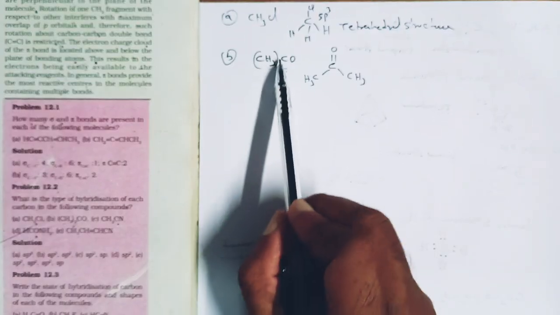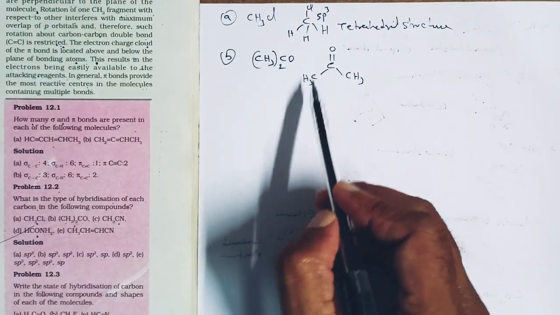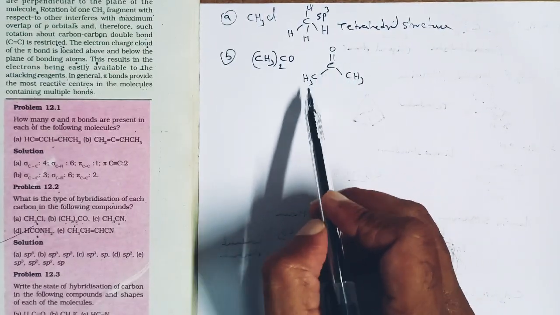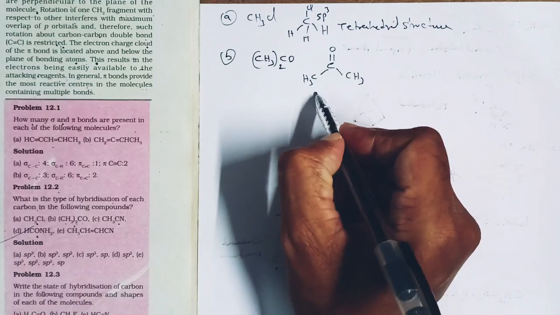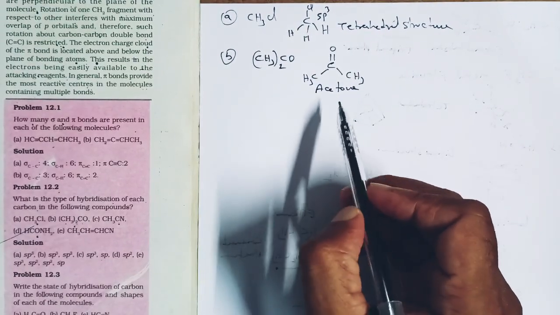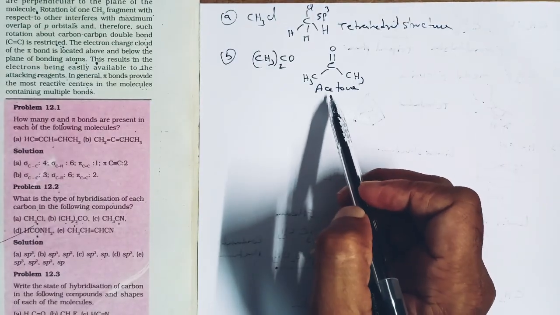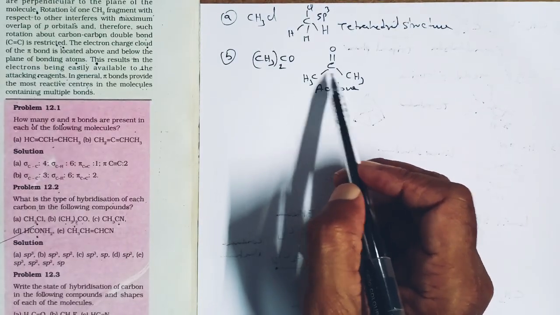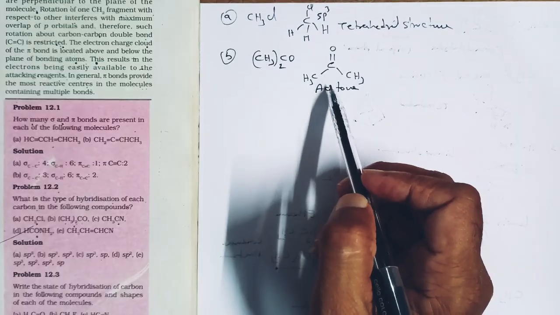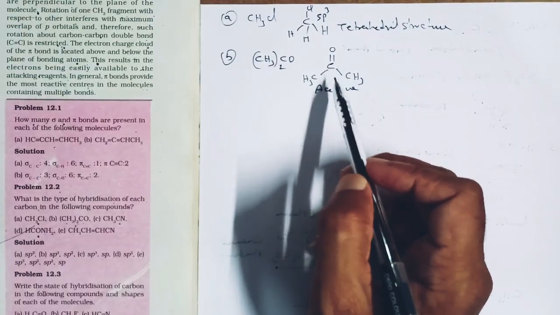If we expand this structure, it comes like this. So this is nothing but acetone. This is the acetone molecule. Acetone is the common name. The IUPAC name is 2-propanone. Propanone is the IUPAC nomenclature for this compound.